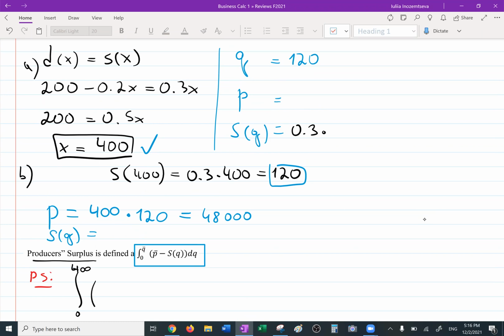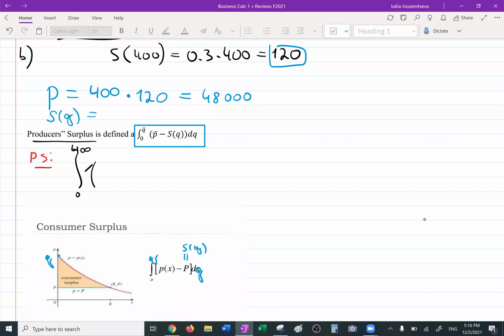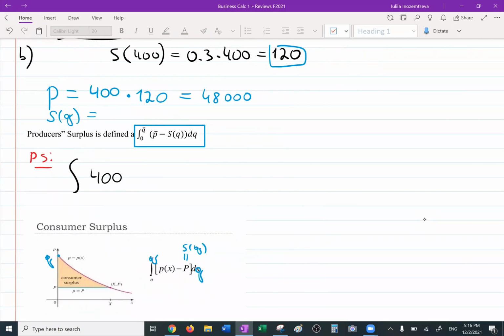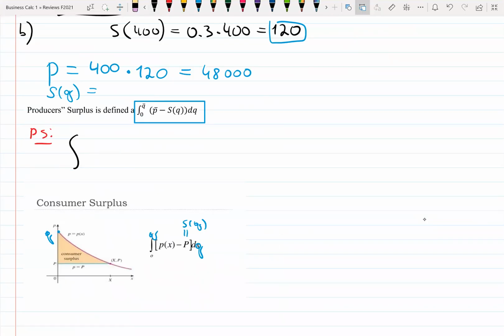So then we do the integral of S. We calculate S at 400. So that would be 0.15 times 400. Wait, the integral of what did you say? Integral of S, right?